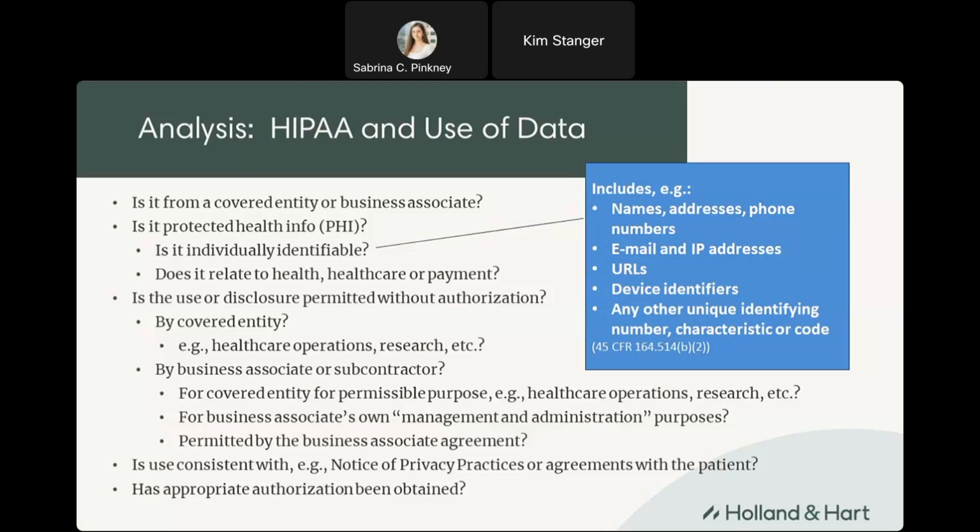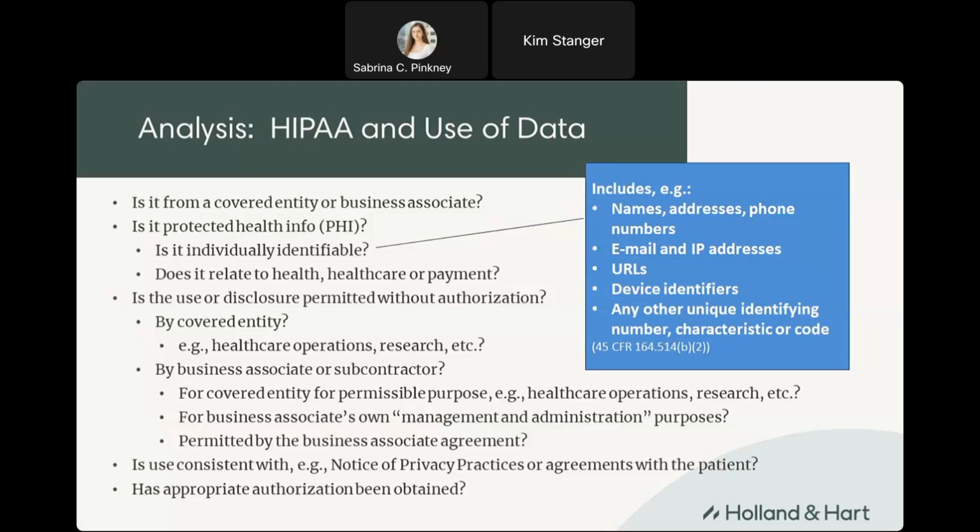And next, finally, is it permitted by the business associate agreement? Because the business associate can't use that information it gets on behalf of the covered entity for any purpose unless it's permitted by the business associate agreement. If its use is outside the scope of the business associate agreement, then it's a violation of not only the business associate agreement, but a violation of HIPAA.